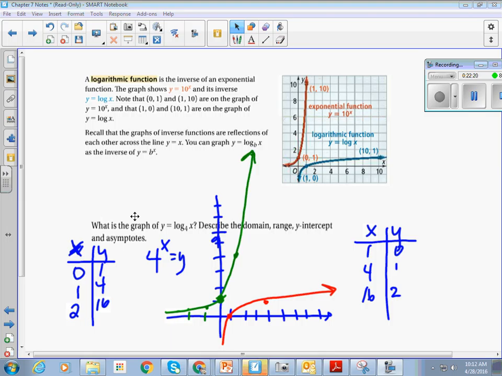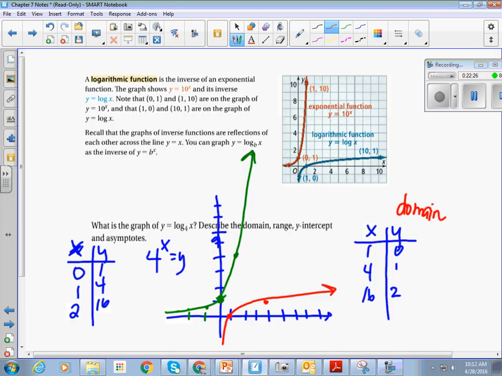Okay, so let's put those all together. The domain of the graph, of the red graph. So what x values can we not put into this function? Do you want to make me go back to the first slide, or can you guys just say?